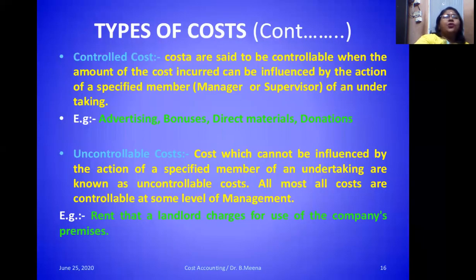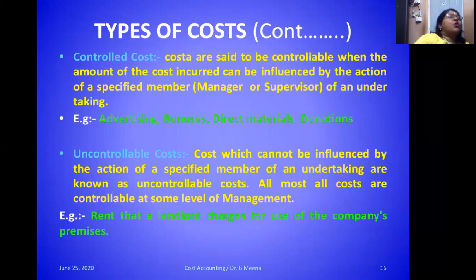Next, based on control, we can have controllable cost or uncontrollable cost. Uncontrollable cost is a cost that cannot be influenced by the action of a specified member of an undertaking. Almost all costs are controlled by some level of management. But it is controllable when the amount of cost incurred can be influenced by the action of the specified member.